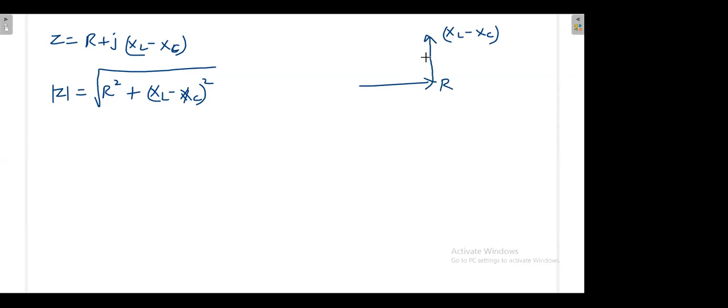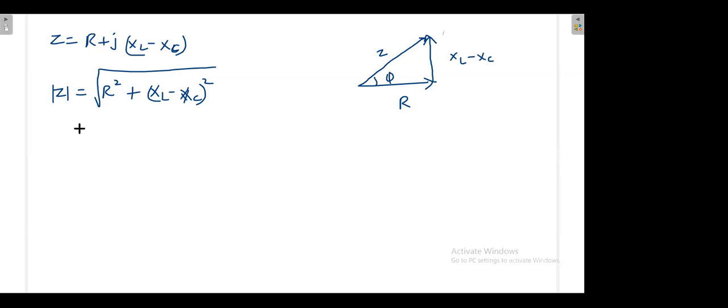So this is R, this value is XL minus XC, and this third line is called Z. This angle is phi.